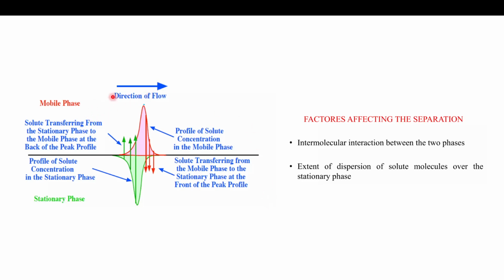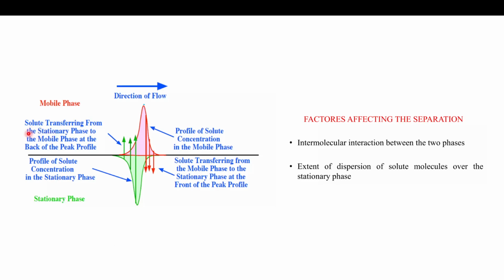Now see, if this is your matrix, suppose your stationary phase, and this is your mobile phase, this is the direction of the flow. How would you represent the separation on a chromatographic column when a mobile phase moves through it?